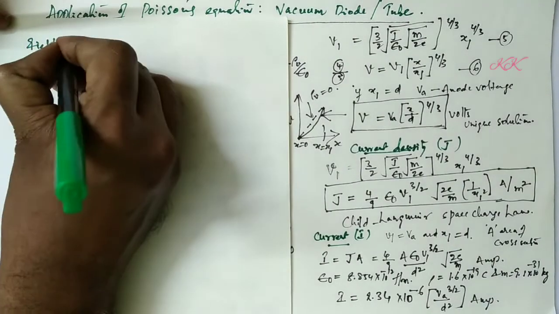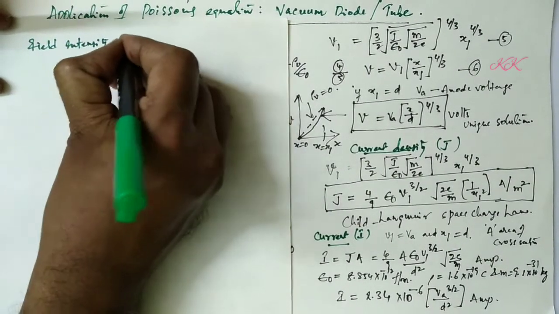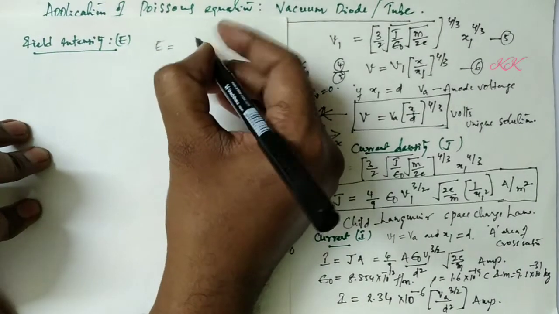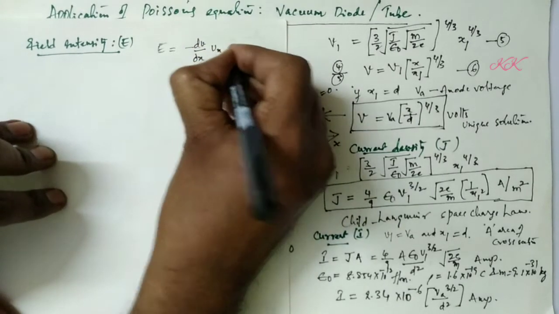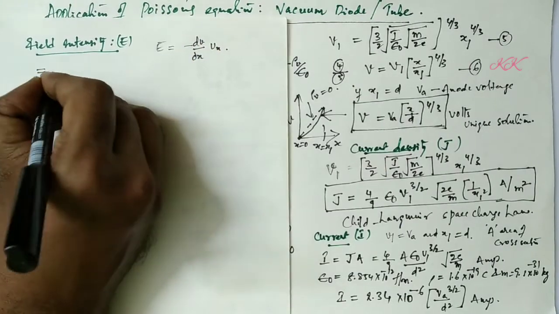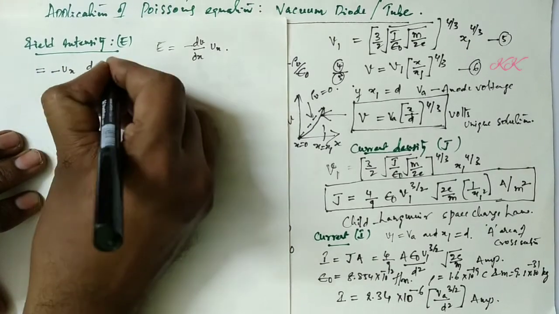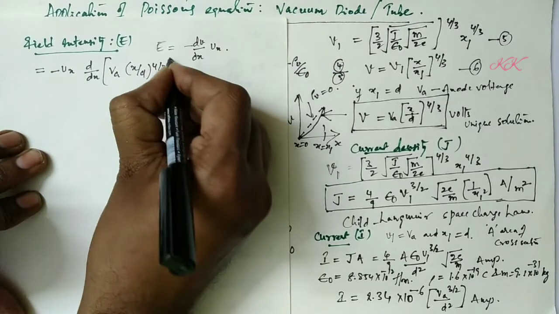Field intensity, that is E. We have E equals minus dV by dx ux, that equals minus ux d by dx of Va (x by d) whole to the power of 4 by 3.